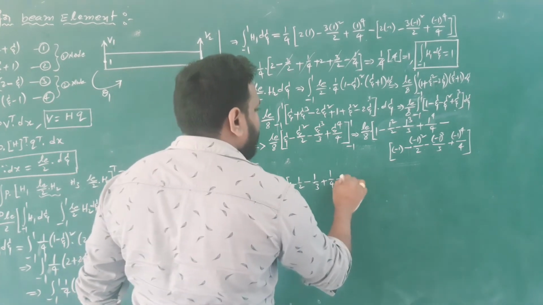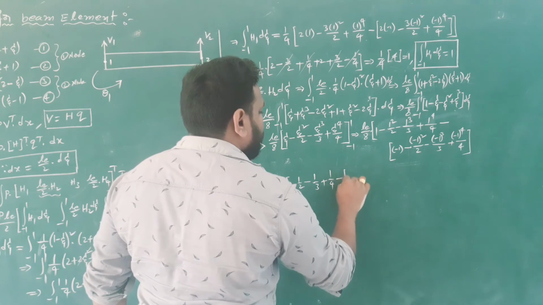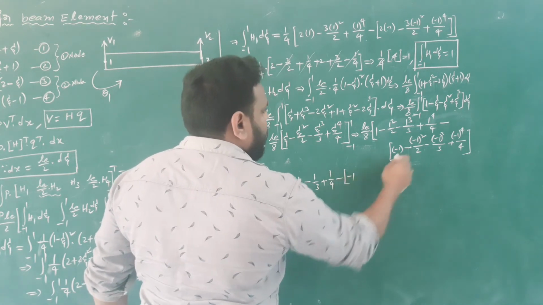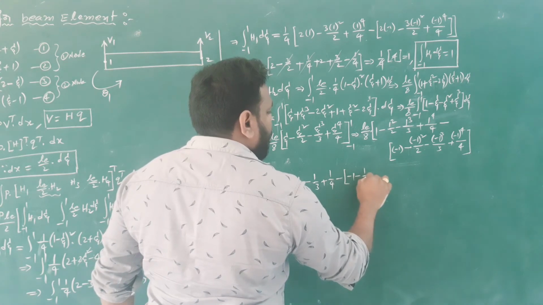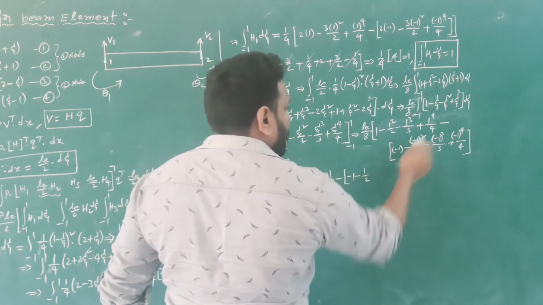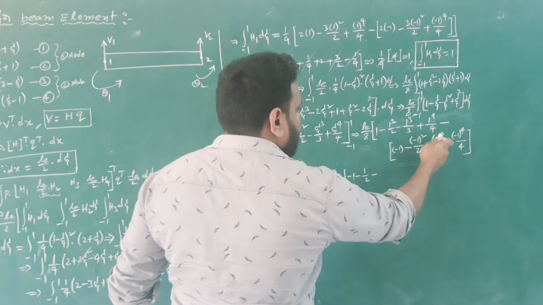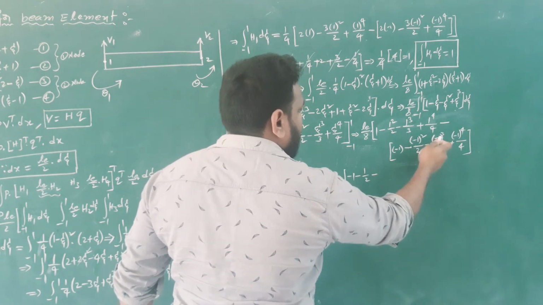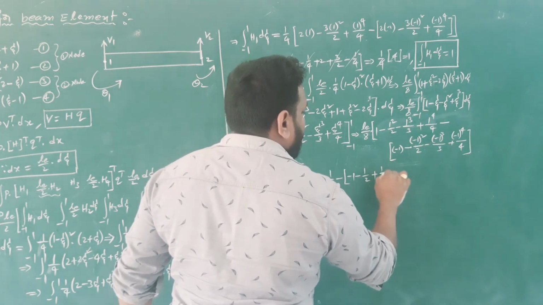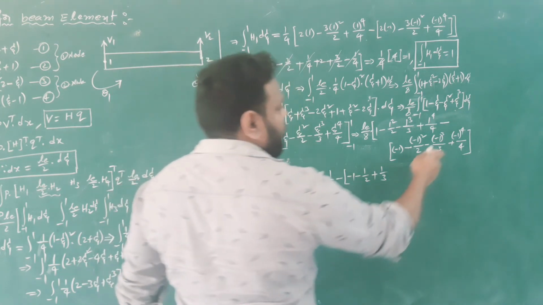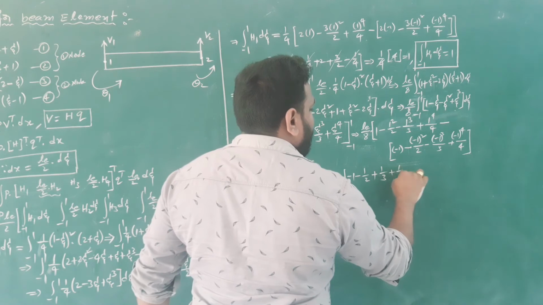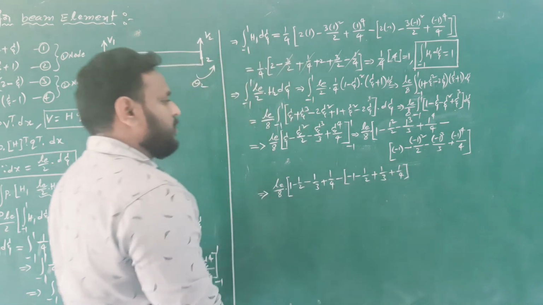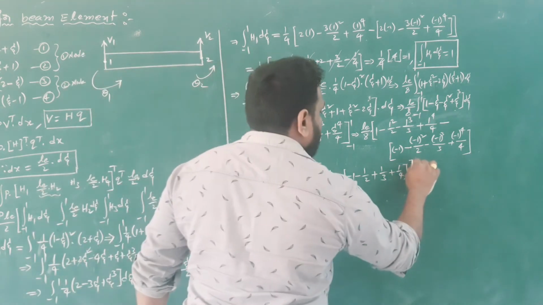Next, minus into, here is minus 1, minus 1 square, that is plus 1 by 2. Here minus into minus, that is plus 1 by 3, and here plus 1 by 4. We got the equation like this.